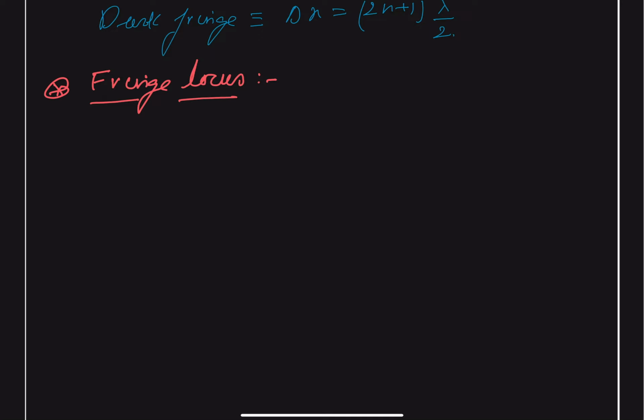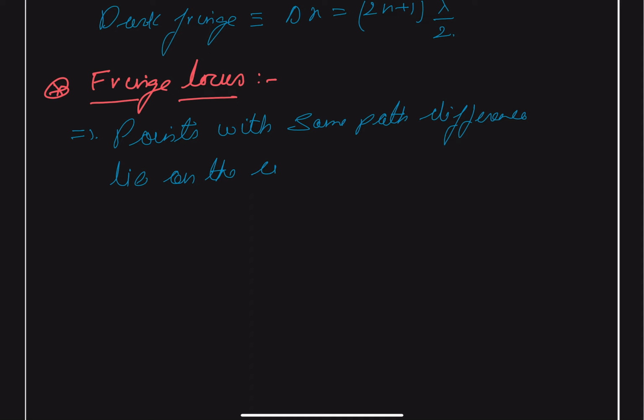Therefore points with the same path difference lie on the circle as R2 minus R1 will be a constant.